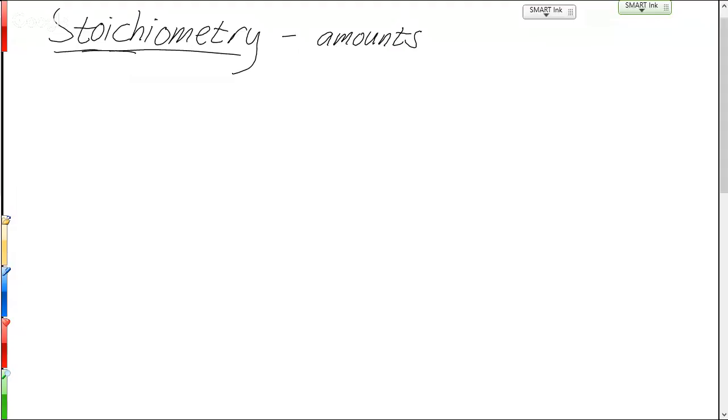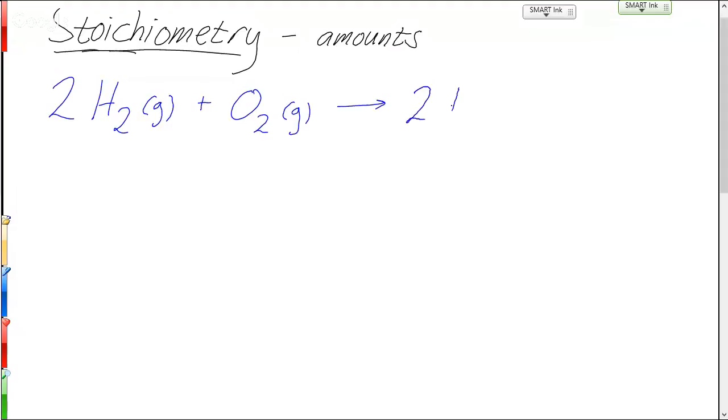All right. So let's look at our very simple reaction that we started with before, which is hydrogen and oxygen. So hydrogen reacts with oxygen, and we had this issue where we were losing oxygen atoms.